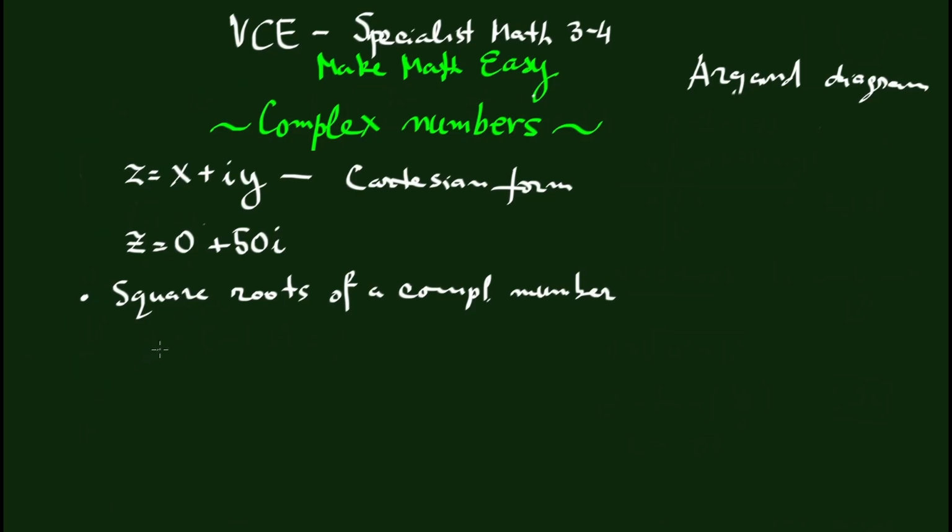What it means is that a plus bi times a plus bi, that's the square root, so equals a plus bi squared, equals 50i.